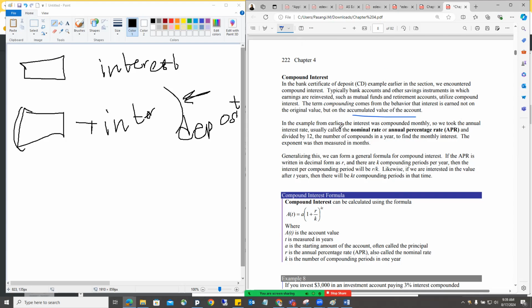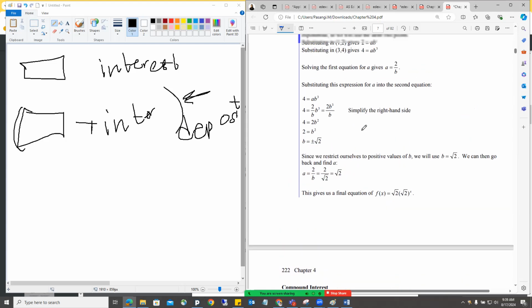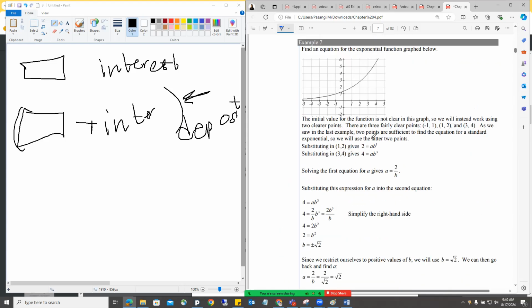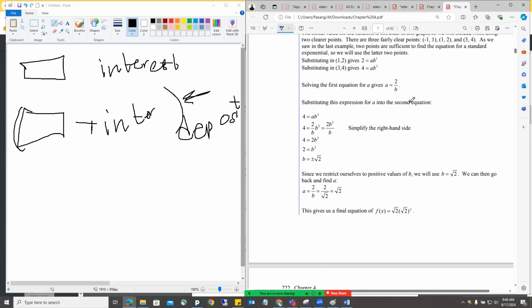In the example from earlier, the interest was compounded monthly. So we took the annual interest rate, usually called the nominal rate or annual percentage rate, that is APR, and we divided by 12. If you can remember, you just asked me why we divided that annual interest rate by 12, Kayla?